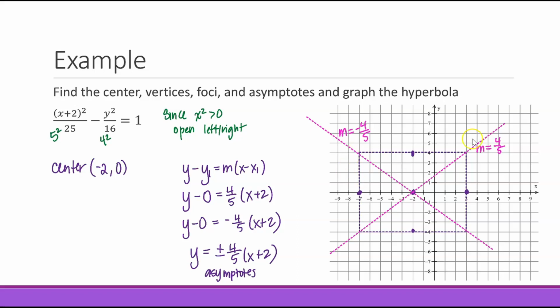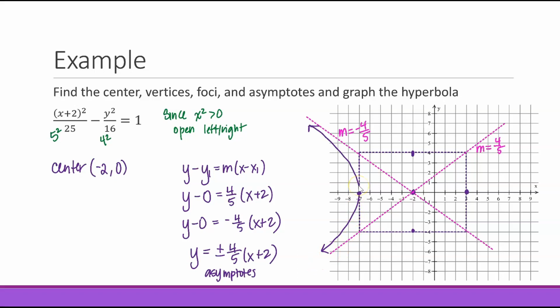Okay, so now that I have those, I'm going to graph the hyperbola. We said that this opened right and left. So these points here that were 5 units away from the center are going to be the vertices. The hyperbola has to approach the asymptotes. So here is one piece of my hyperbola, and I'm getting close to those lines.